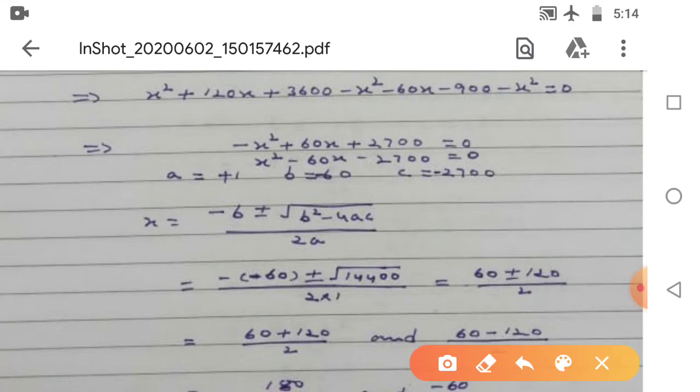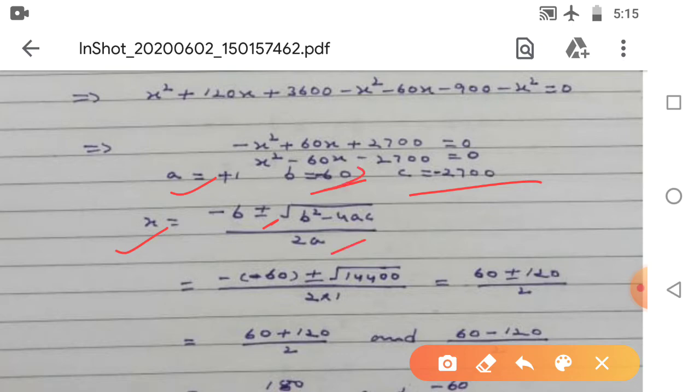Here, the value of a is 1, b is minus 60 and c is minus 2700. Okay, and the quadratic formula is x is equal to minus b plus minus under root b square minus 4ac upon 2a, clear.